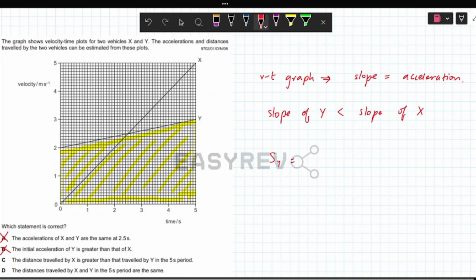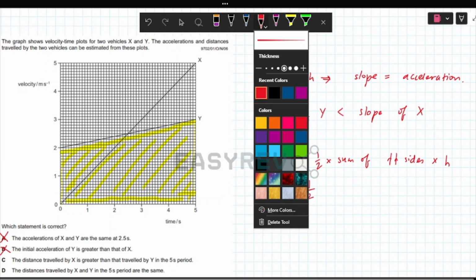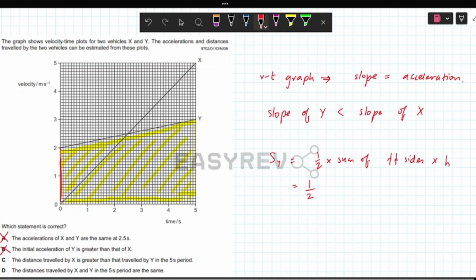Displacement for y would be the area of a trapezium, which we know is half times the sum of parallel sides times height. The parallel sides that we see here are the 2 mark right here and then a mark right here. We can see what that is by simply extrapolating it, and we find that it's exactly at the 3-second mark.